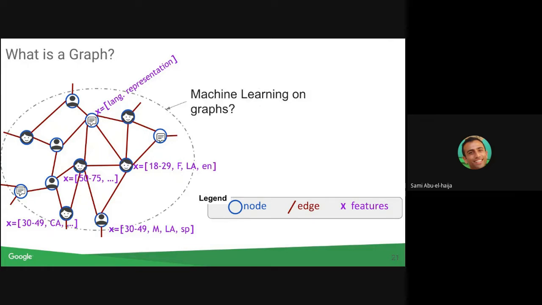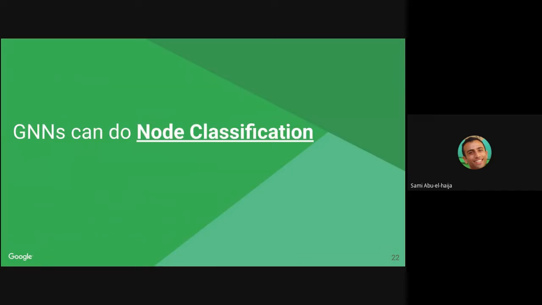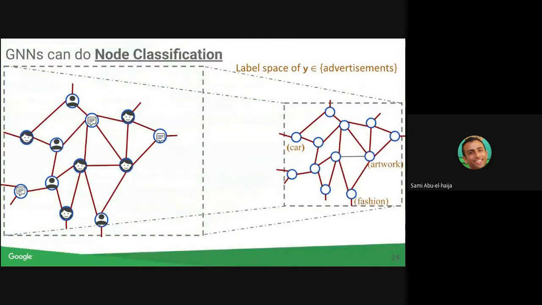And if you want to do machine learning on this graph, what does it mean? Well, you could do multiple things. You could do node classification, as we said. Graph neural networks can do node classification. This means you are mapping your input graph to some kind of output graph. In the output graph and the input graph, every node present in the input is also present at the output. We're basically trying to map every node from the input space into maybe the advertisement that this user will like.